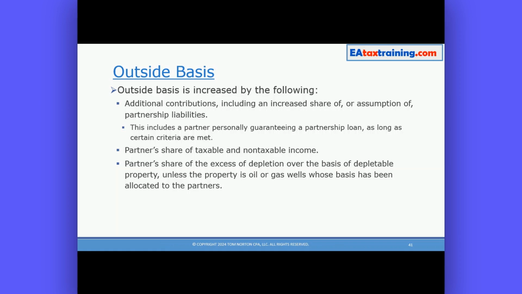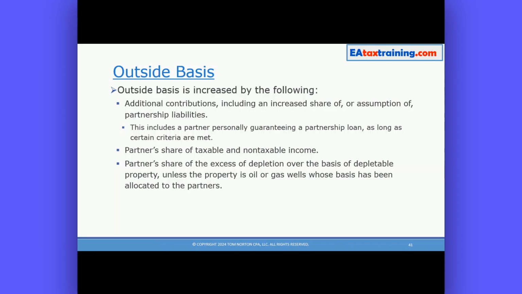If a partner in a partnership personally guarantees a partnership loan, then they generally will get basis in the partnership for that guarantee. Whereas that is not true with an S corporation shareholder. If an S corporation shareholder personally guarantees a corporation loan, they do not get basis. So we want to remember that a partner does get basis for guaranteeing a partnership loan.